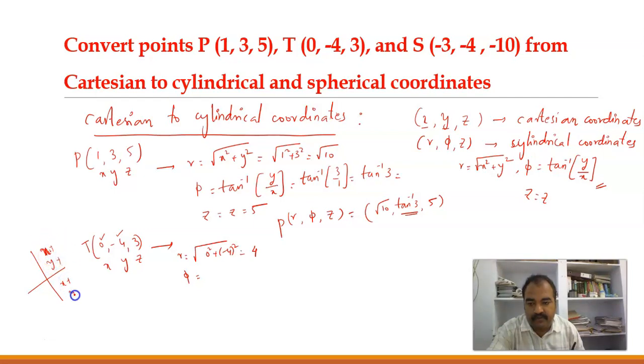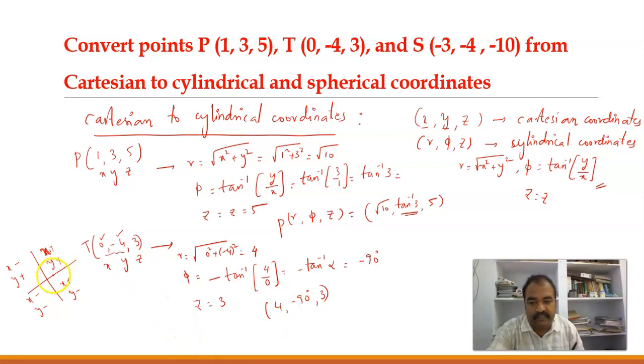Here x is negative, y is positive. Here x is negative, y is negative. Here x is positive, y is negative. So this point is lying in the 4th quadrant. When you are lying in the 4th quadrant, you must take minus tan inverse of, you consider only the magnitudes here, 4 by 0. Minus tan inverse of infinity is minus 90 degrees. And z is equal to 3. So the point is 4, minus 90 and 3.